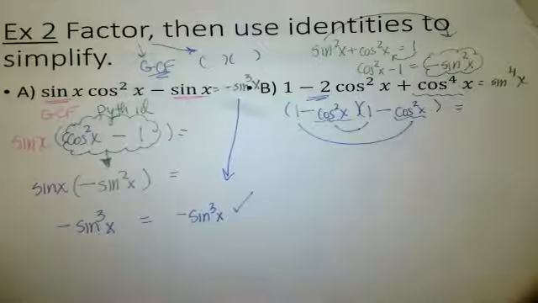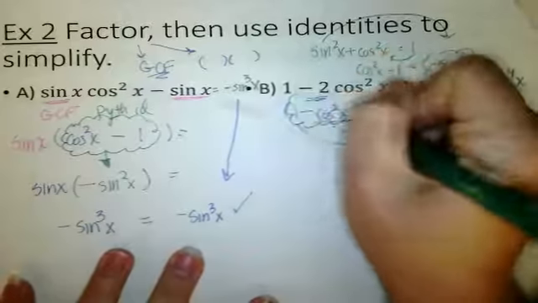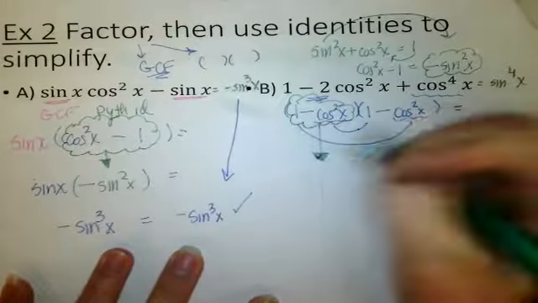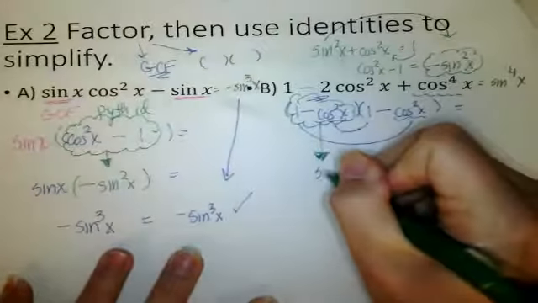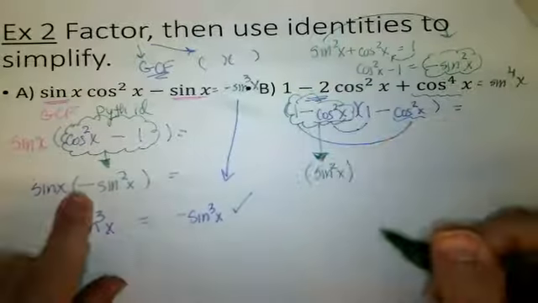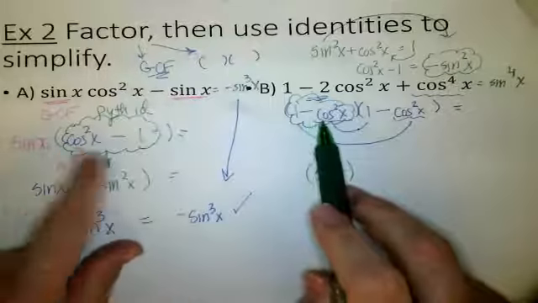Now, we factored that. I'm seeing ones with things being squared. That's a Pythagorean identity. What can I trade 1 minus cosine squared for? Sine squared, not negative. The order matters: this is a positive cosine squared of x and a minus 1.